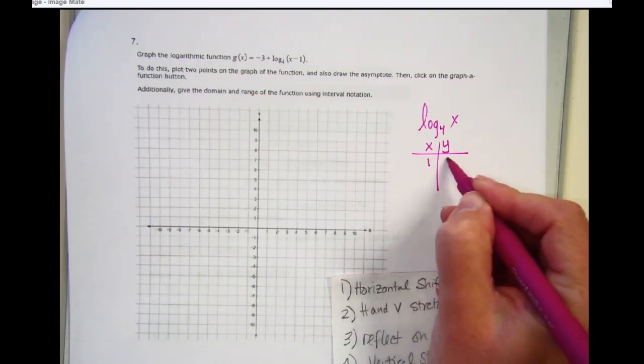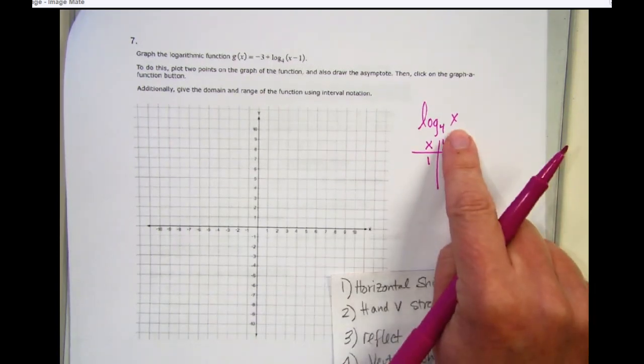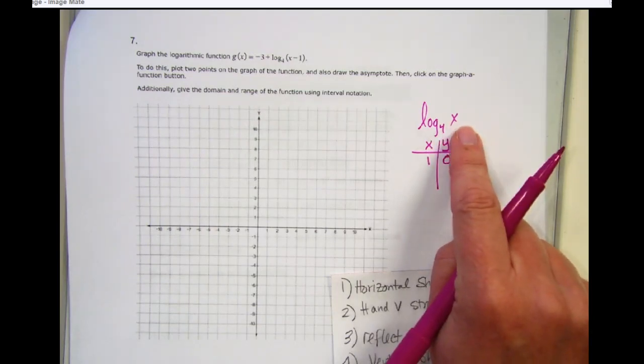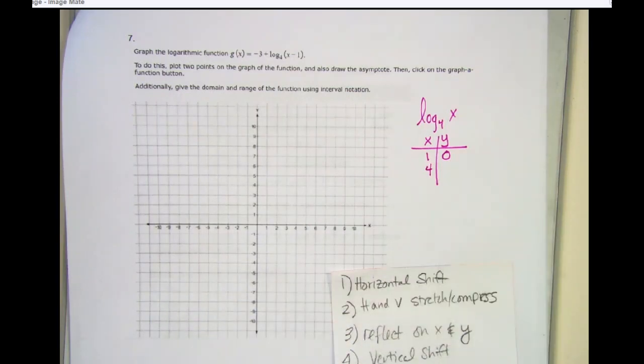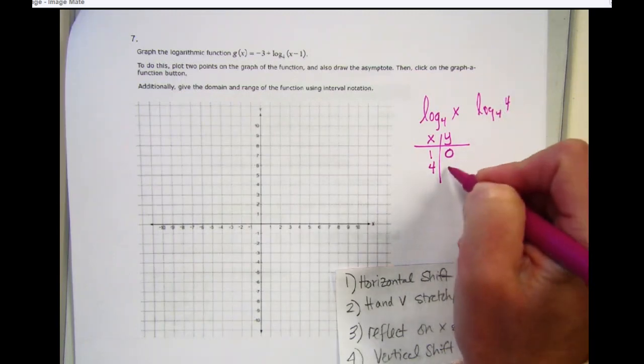Yeah. All right, so what do we want to pick for x that makes our math easy? If my base is 4, we want to plug in 16. Lower. We could use 2. Is 4 an easy one though? Yeah. Because we've got log base 4 of 4, which is just 1.